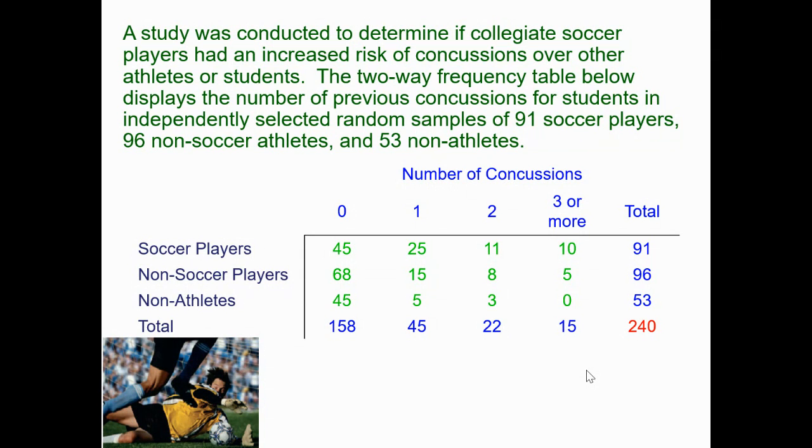So the two-way frequency table below displays the number of previous concussions for students in independently selected random samples of 91 soccer players, 96 non-soccer athletes, and 53 non-athletes.